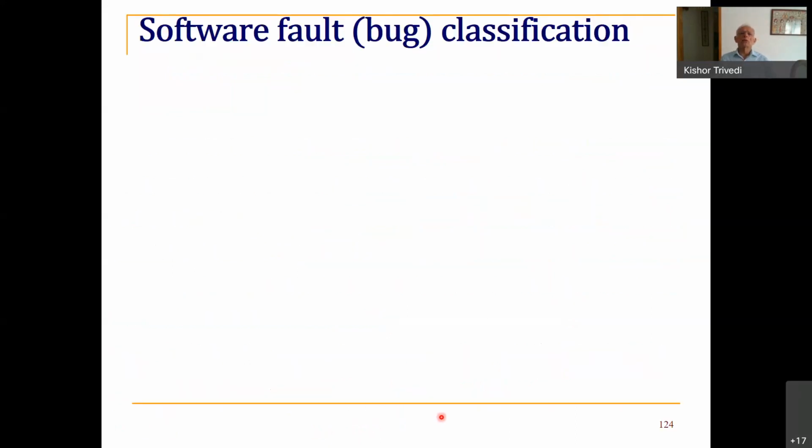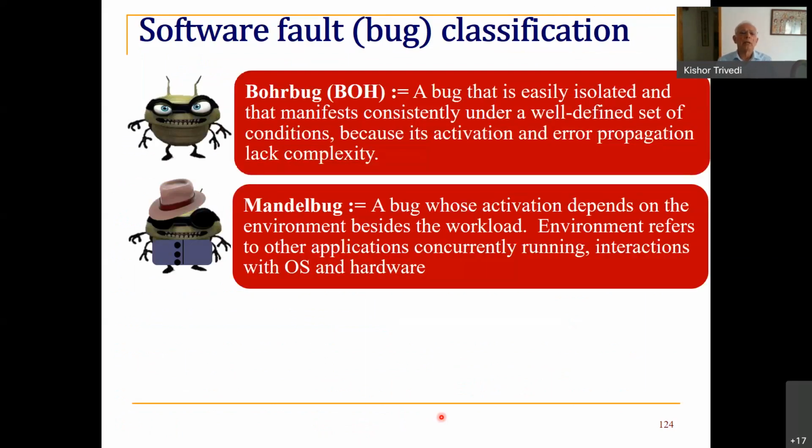So in order to proceed further, very briefly, I will introduce the notion of these different types of bugs. We talk about something called a Bohr bug, a bug that is easily isolated and that manifests consistently under a well-defined set of conditions because its activation and error propagation lack complexity. And this, I submit, is the only mental model of bug that we have been carrying all along.